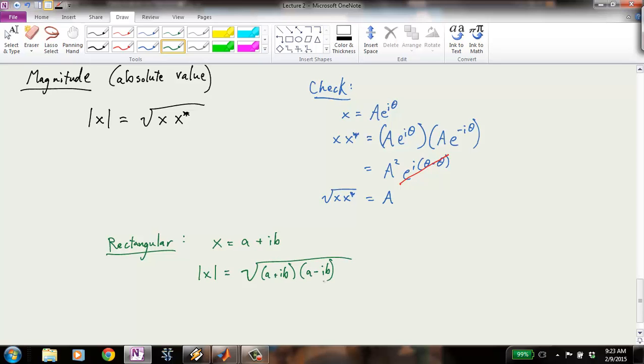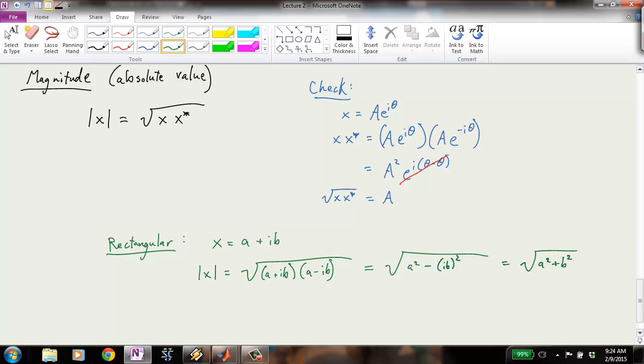That's the conjugate. And if we multiply that out, the plus and minus parts, the cross terms, cancel. Right? So we just get the square root of a squared minus ib squared. But i squared is negative 1. So this equals the square root of a squared plus b squared.